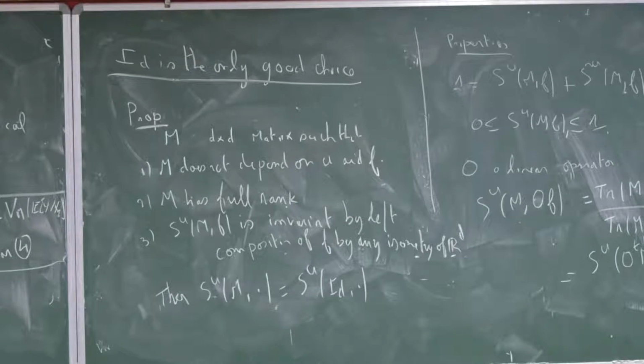So you can choose without loss of generality that M is the identity matrix.